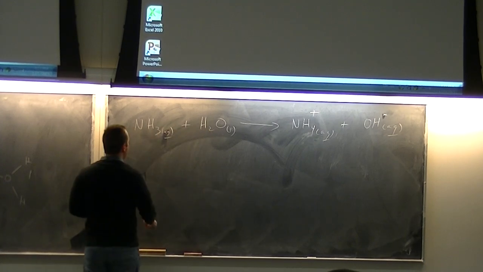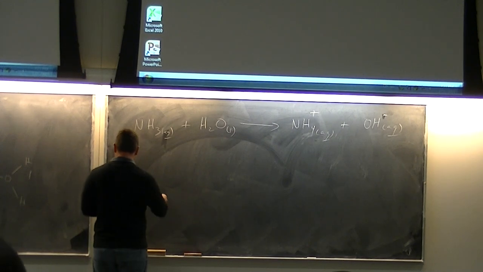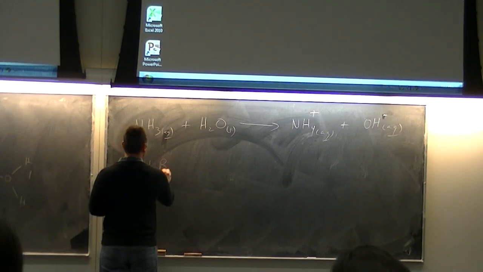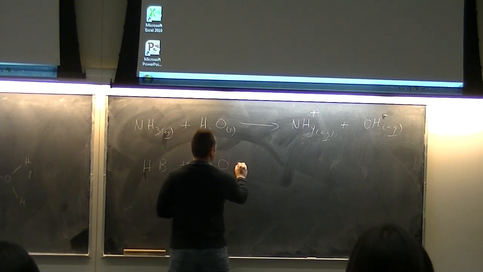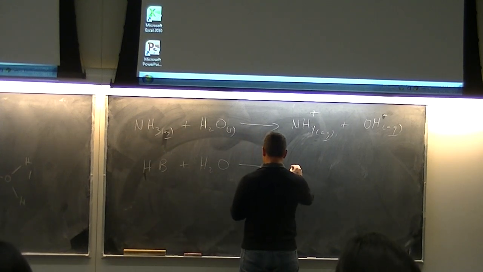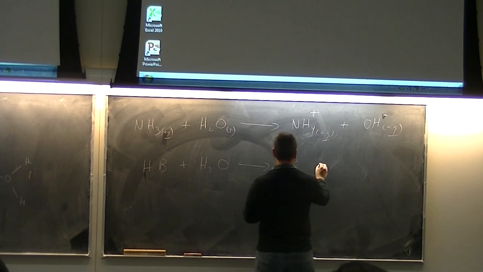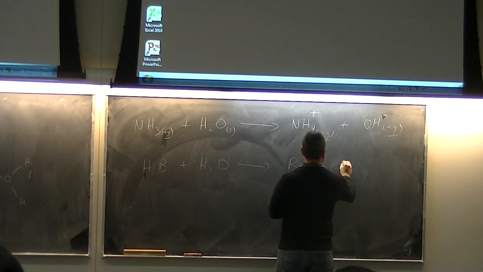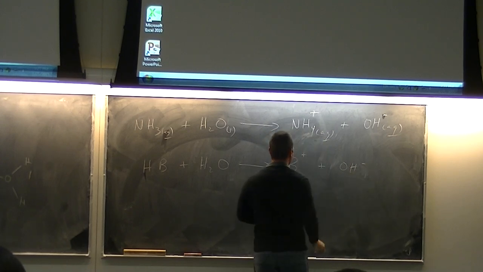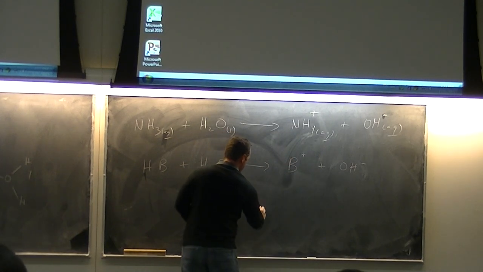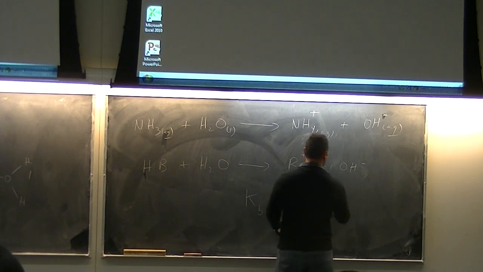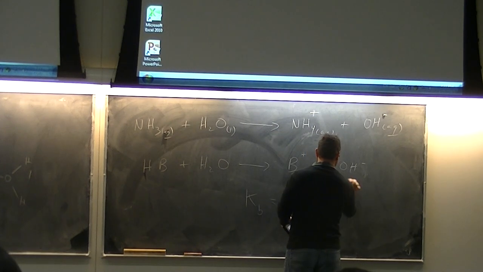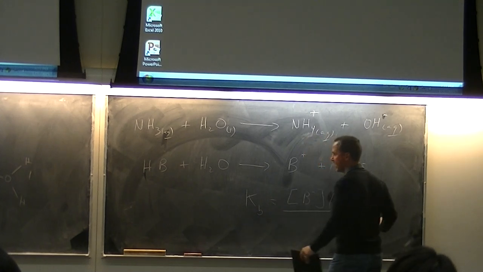Well, we can do it for a general B plus H2O producing HB plus and OH minus. So the Kb will be the concentration of products divided by what?